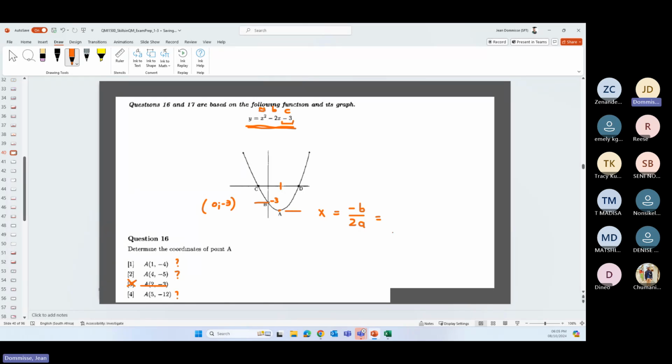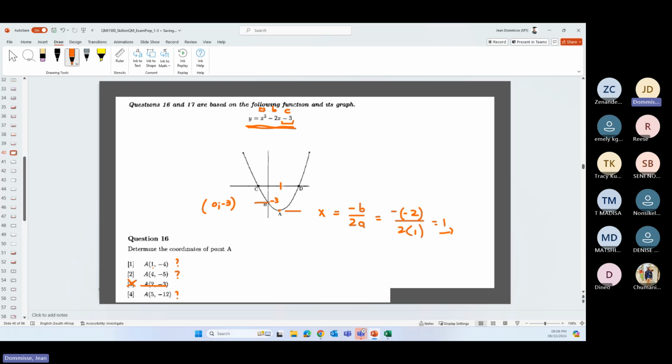So minus b is minus minus 2 over 2a. A is 1. So we've got plus 2 over 2, which is an x value of 1.